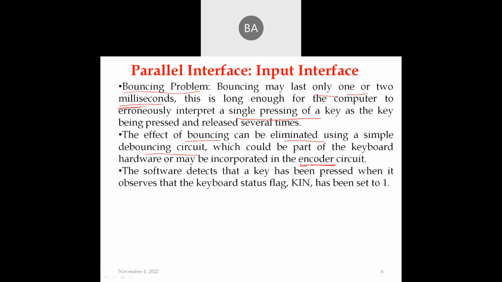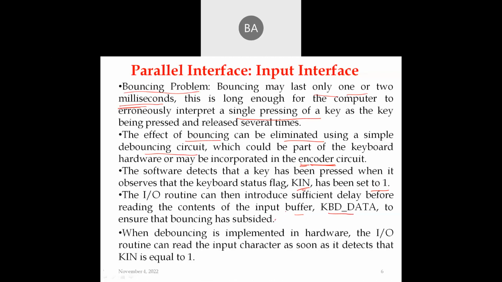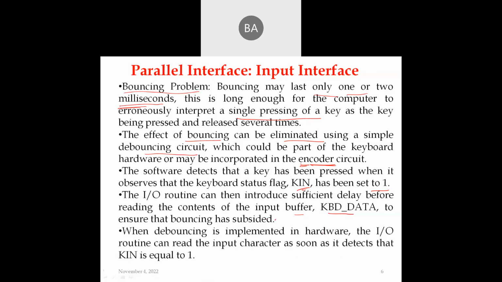The software that detects the pressed key, when it observes that the keyboard status flag KIN has been set to 1, can then introduce sufficient delay in the IO routine before reading the contents of the input buffer KBD_DATA, to ensure that the bouncing has subsided. When debouncing is implemented in hardware, the IO routine can read the input character as soon as it detects that KIN is equal to 1.